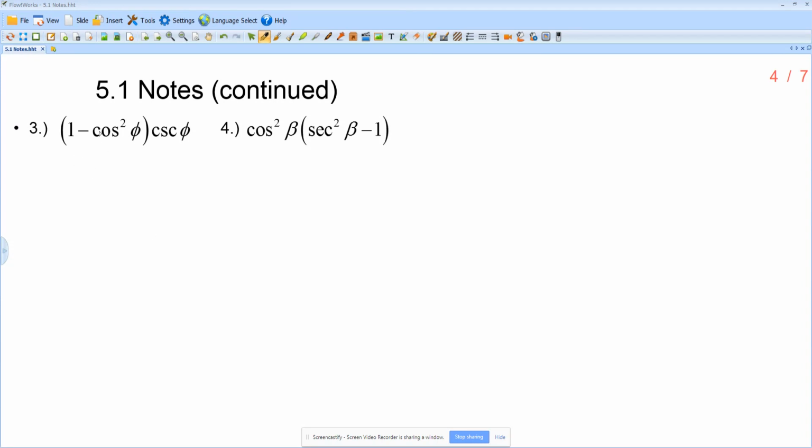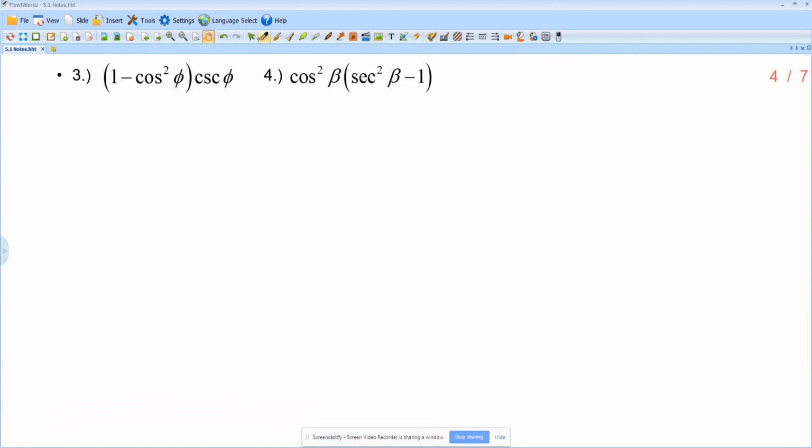So to start off, I see this cosine squared. I see that this is a 1 minus. And anytime I see a 1 and a trig function squared, I know I'm thinking of those Pythagorean identities. So again, I know sine squared plus cosine squared equals 1. So 1 minus cosine squared, if I subtracted this over, would be equal to sine squared.